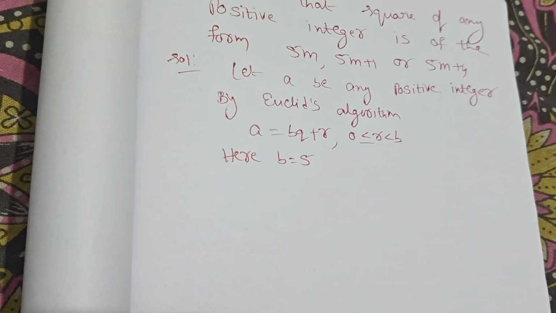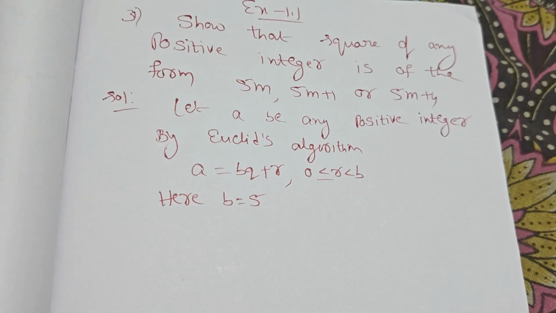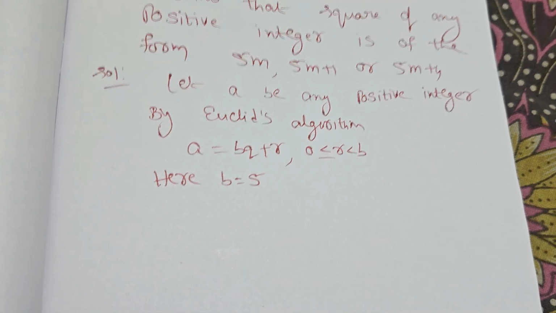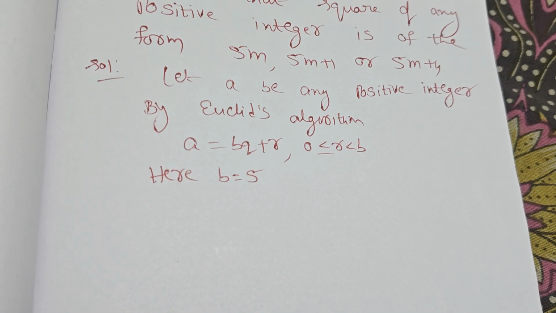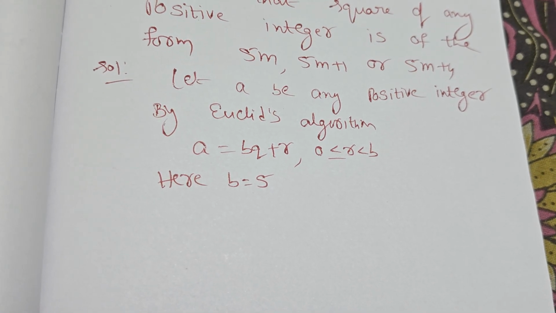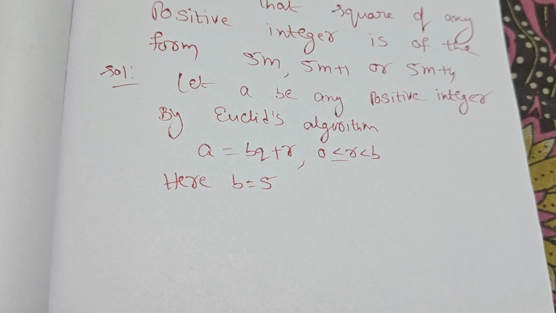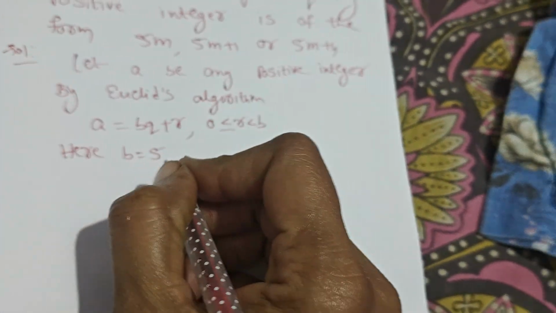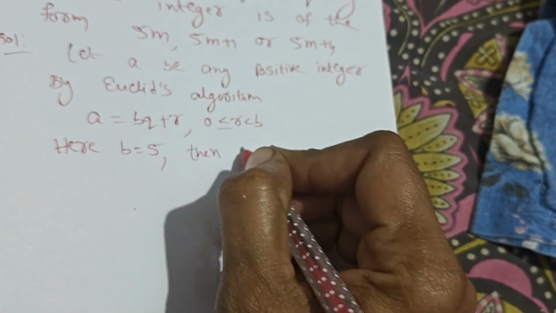Here what I am saying? 0 is less than or equal to r less than b. That means, as I already told you, the remainder should be equal to 0 or greater than 0, and the remainder should be less than the divisor. Is it right? So here r equal to how much?